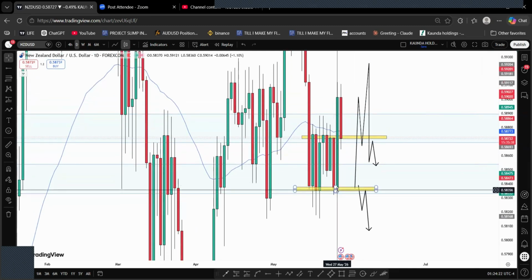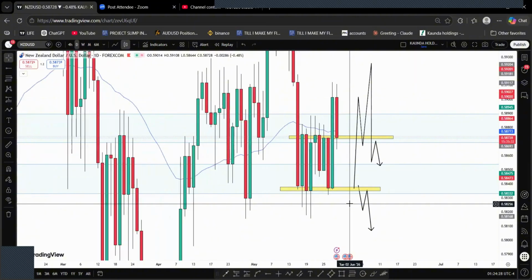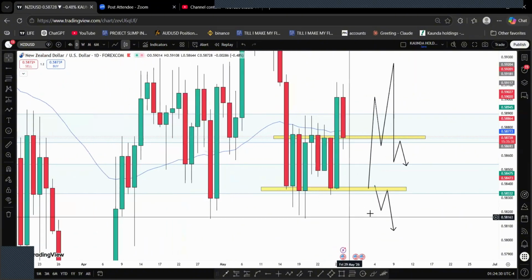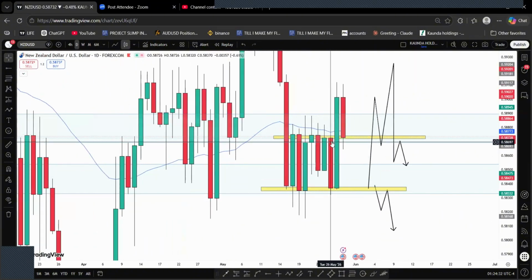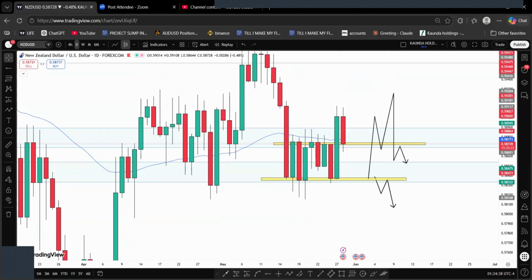So now that you've seen that AUD CAD filled the week, and price also has filled this week, there's also a high chance that price may also fill, even though there's a small wick there.